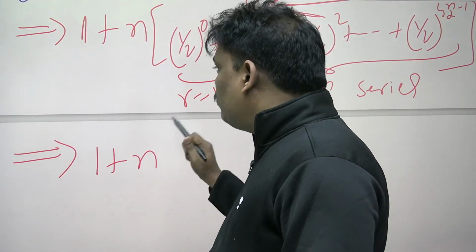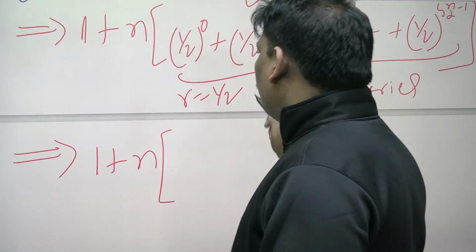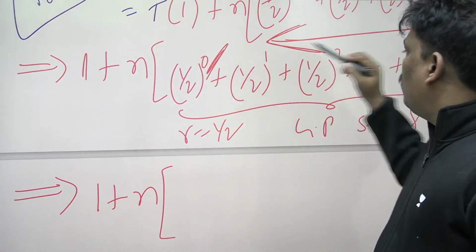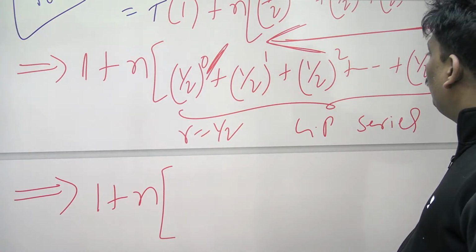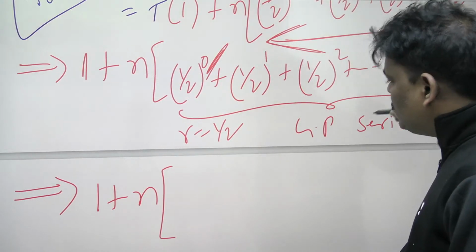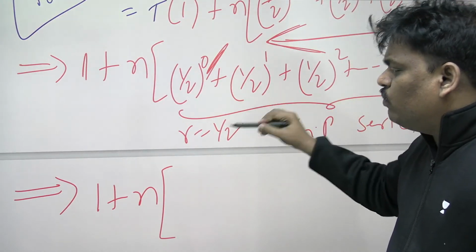Listen one time. 1 plus n. So it is a GP series. How many terms are there? 0 to log n base 2 minus 1, so it is log n terms. It is a log n term GP series where R value is 1 by 2. What is the formula?